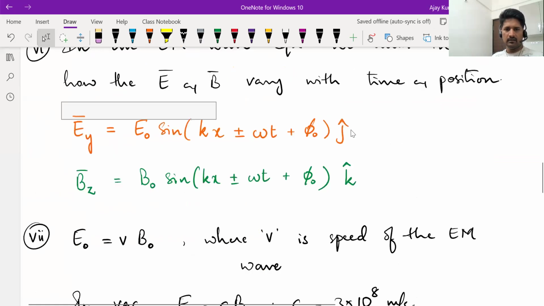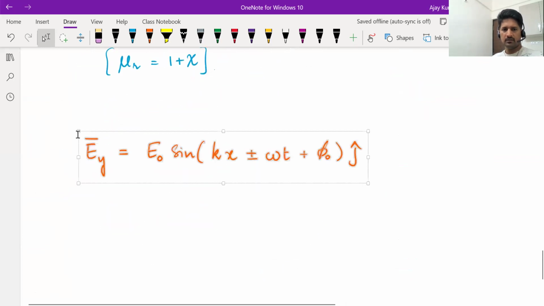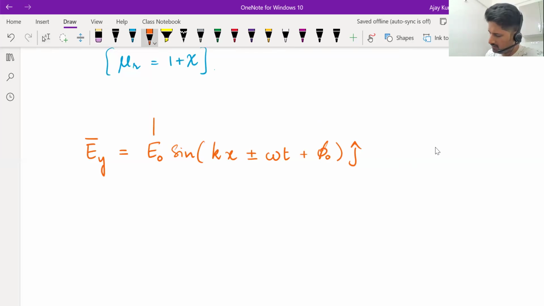Okay, and let's use this equation. Suppose the electric field of an EM wave is indicated like this. Now we know E0 is the peak value. So you can say this is the amplitude of electric field.